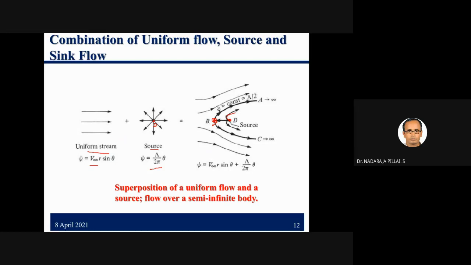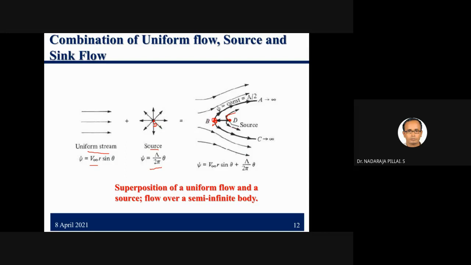So with all the discussions, we know that we are dealing with inviscid flow, right? So the velocity at the surface of the solid body is tangent to the body. Here, consider this particular place where psi is equal to constant, which is equal to lambda by 2, and let us consider A, B, and C as a streamline.